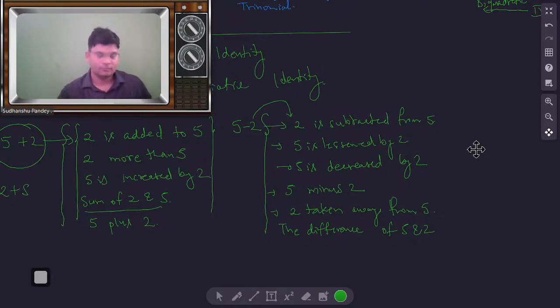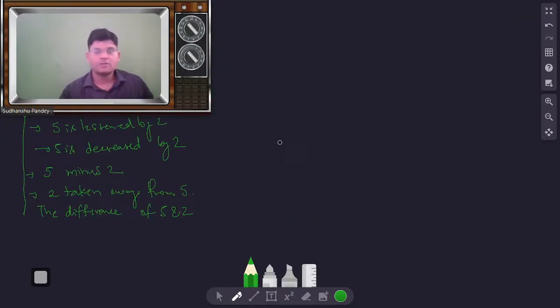Okay. So now in the case of multiplication and division, I am writing both of them in the same column. Multiplication and division are a kind of same thing as we consider the operations on variables. So if I write 1 by 2x, I can write half of x, or I can also write x divided by 2.